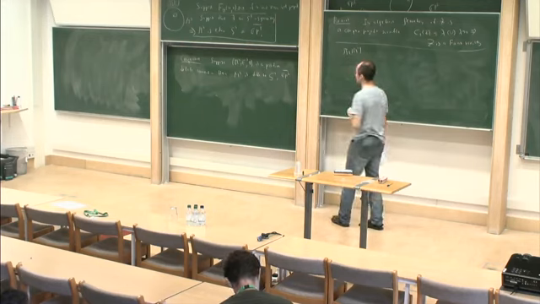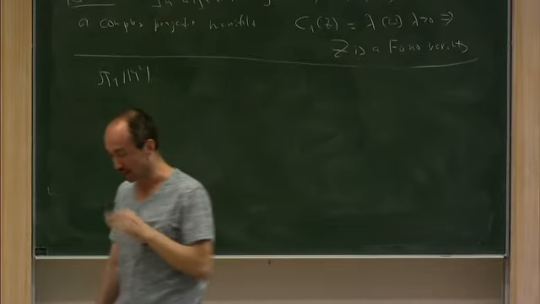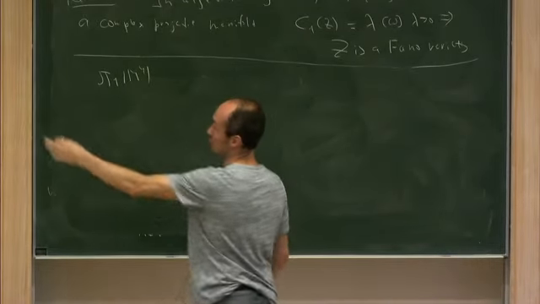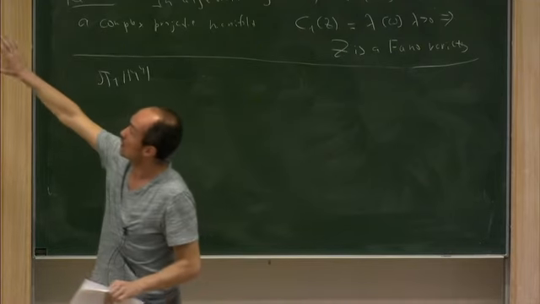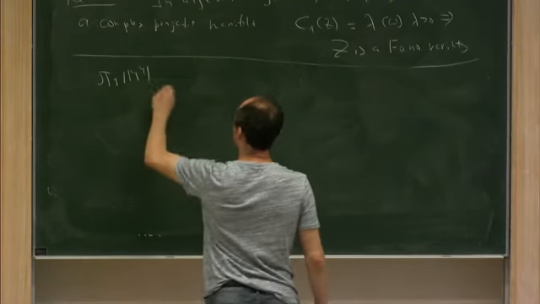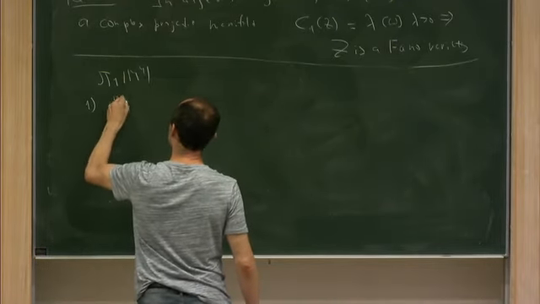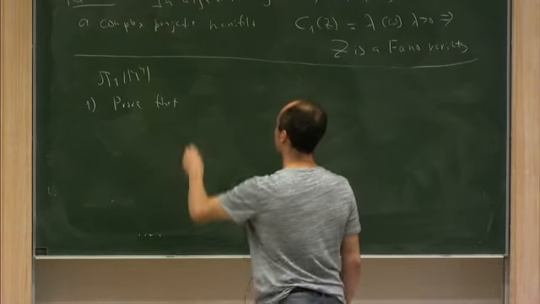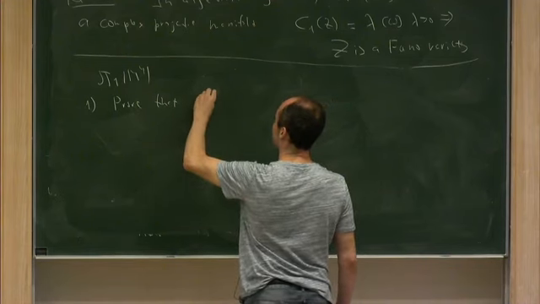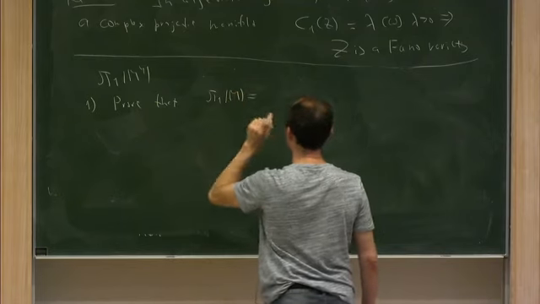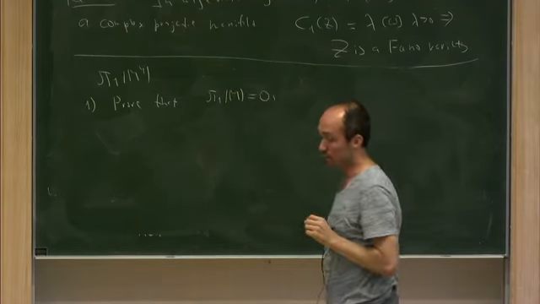So these manifolds, in principle, can have arbitrary fundamental group. And so the first step in proving such a statement is to prove that pi1 of M is equal to 0, so that our manifold is simply connected.